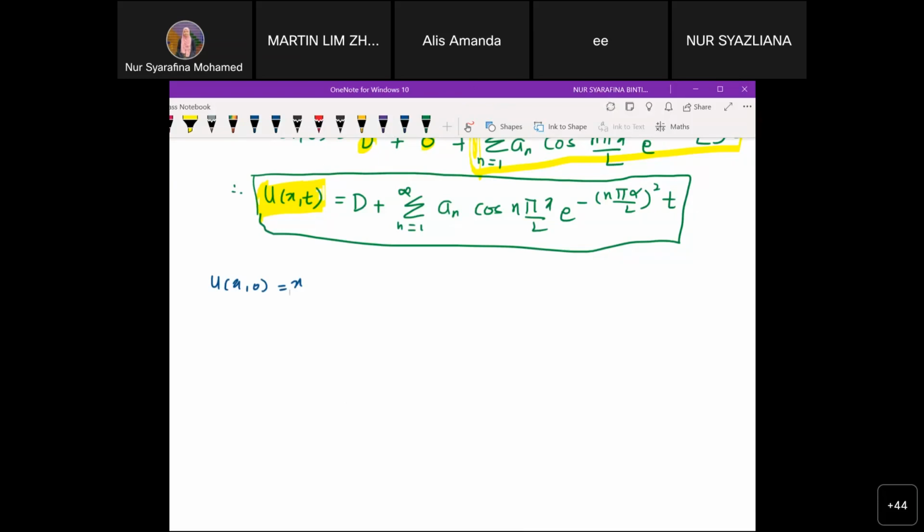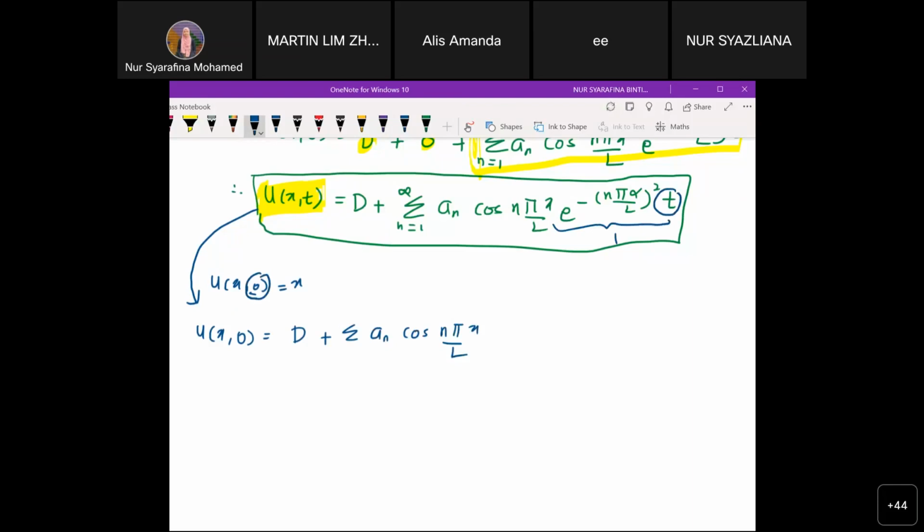From here, just consider this solution with u(x,0) equals x, where t equals 0. So u(x,0) equals D plus the summation of a_n cos(n pi x over L) times the exponent to the power of 0. When t equals 0, it becomes 1, right?